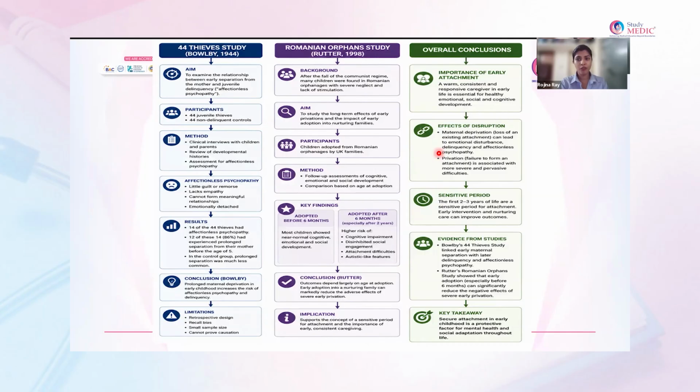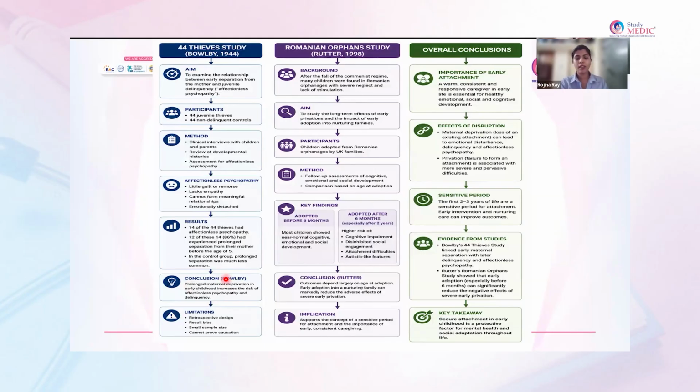Out of the 44 thieves, 14 had affectionless psychopathy, and of these, 12 had prolonged maternal separation before the age of 5 years. He concluded that maternal deprivation increases the risk of affectionless psychopathy and delinquency. But the limitation is that it is a retrospective study and no causality is implied.